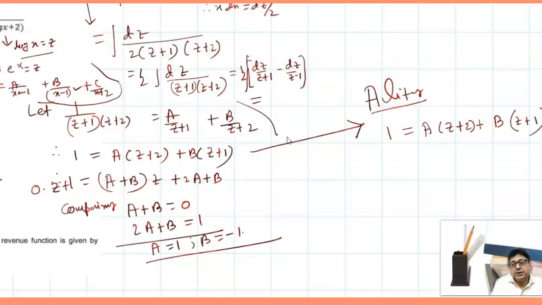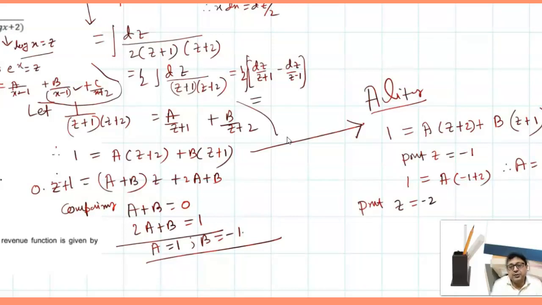So how do you do this? You put z equal to minus 1. Why z equal to minus 1? When you put z equal to minus 1, this part will be 0 and from here you can get the value of a. So 1 is going to be a into 1. Now put another one, put z equal to minus 2.